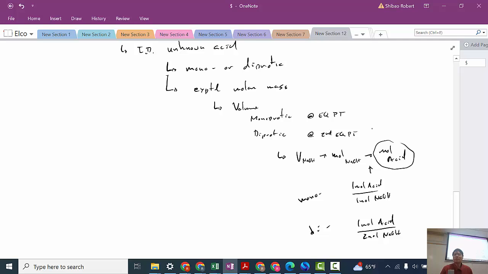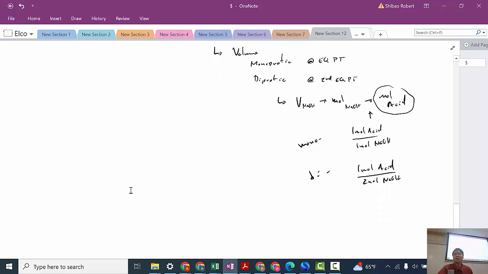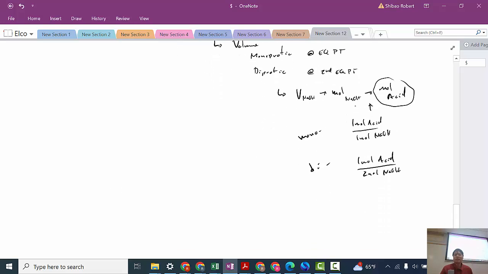Okay, once we have the moles of acid, we're just going to take the grams of acid that we got from the balance, so the mass of acid weighed, and divide that by the moles of acid calculated.